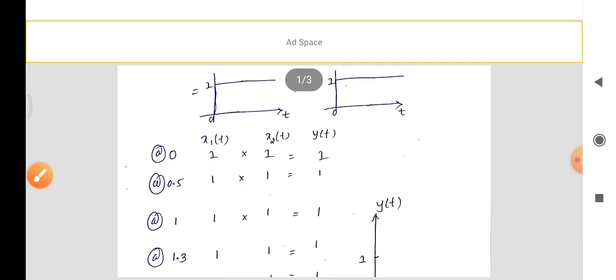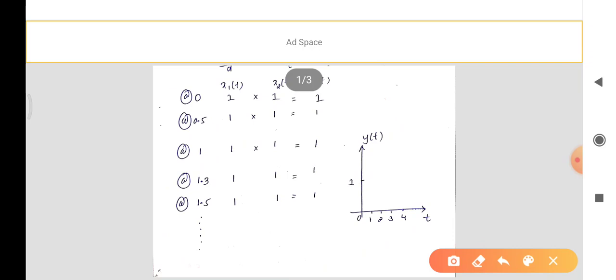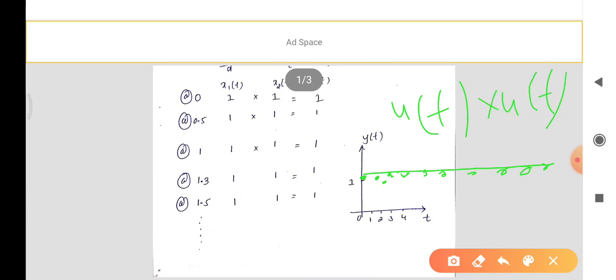So these values you can put here: at 0 it is 1, at 0.5 it is 1, at 1 it is 1, at 1.3 is also 1, and at 4, 5, 6, whatever values you take, it remains the same. Similarly, u of t into u of t also gives us u of t.